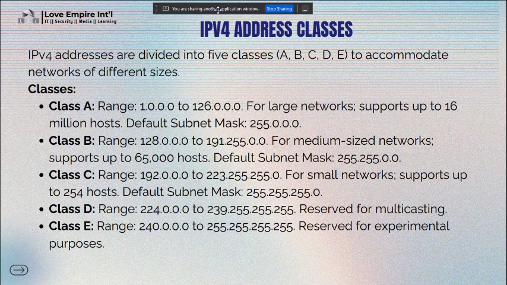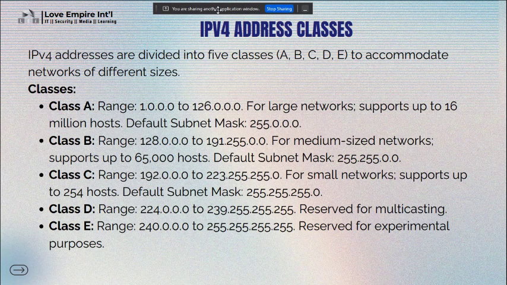Like if you look at the network that we were trying to configure yesterday, we used a class C IP address which started with what? 192. So if you see an IP address starting with 192, not minding whatever other values follow it, just know that it is a class C IP address.